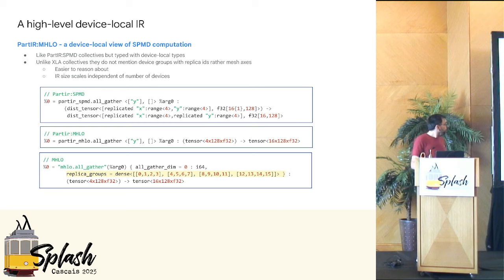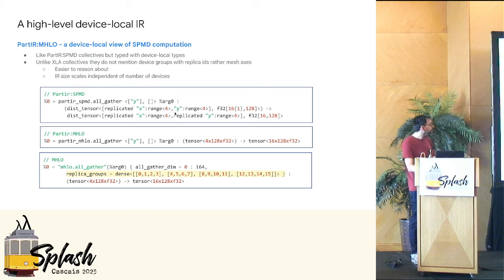And PartIR SPMD had a global view of the computation, had this kind of distributed types, but we wanted to compile to device-local code. So for that, we introduced an intermediate level of abstraction, which we called PartIR MHLO, which effectively was like PartIR SPMD, but had the local view of these collectives. Instead of having these complicated types, I talked about the global denotation, it had these local types here.